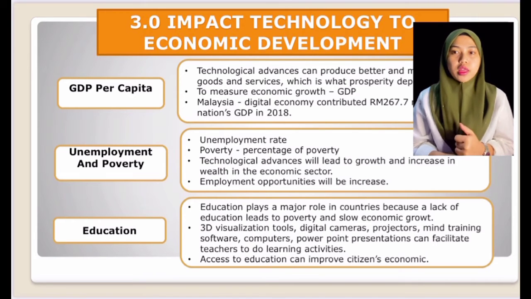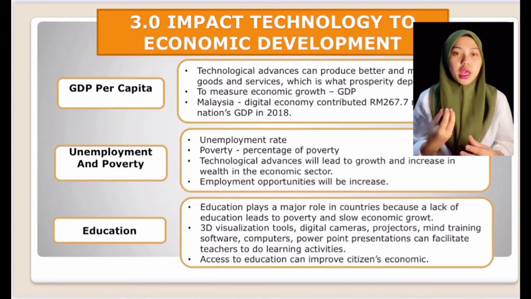The use of high technology systems in learning will cause the number of skilled labor force in the country to increase, and this will have a positive impact on the economic growth in the country.